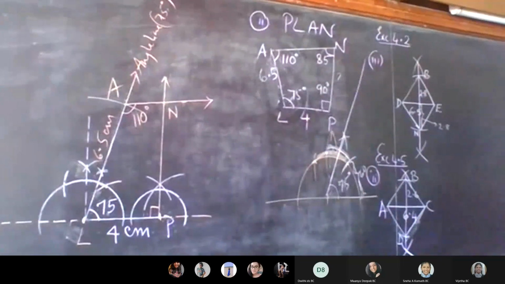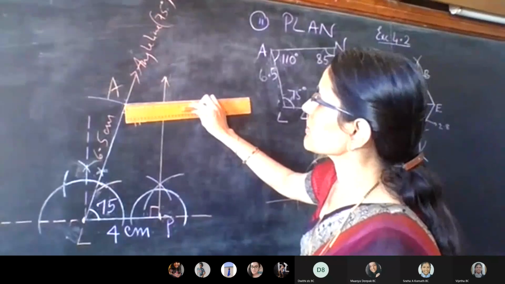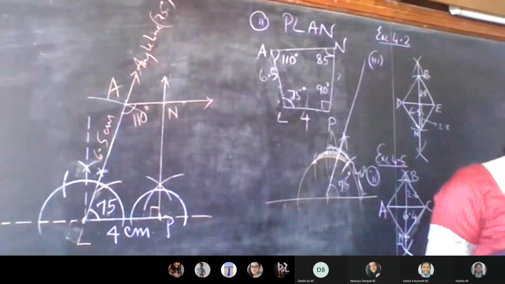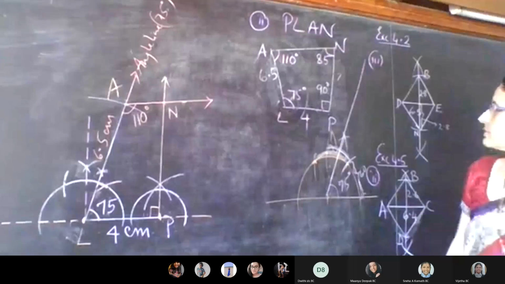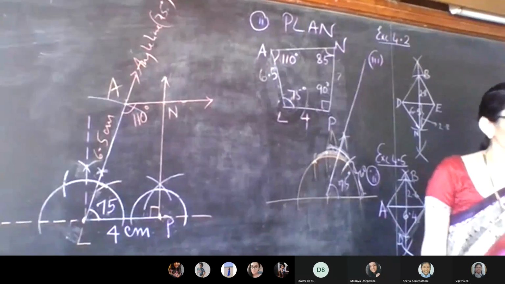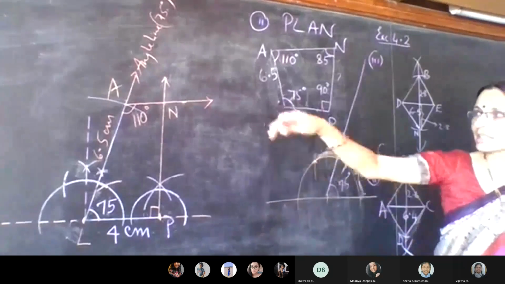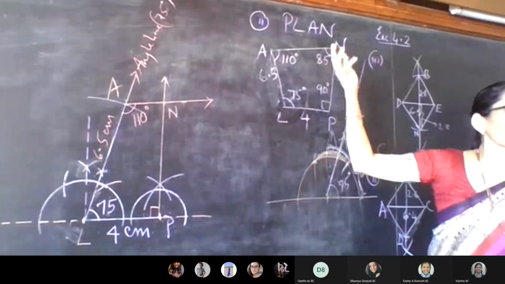If you measure AN, it should come the same for all. 2.3, something like that students got in the other class also. Other one, PN, maybe. Now where is 85-degree? You didn't use it. We don't need it, because when the other three angles are already measured, this has to be 85.